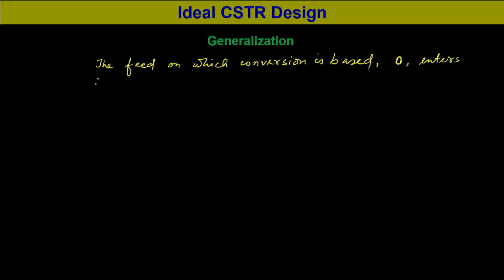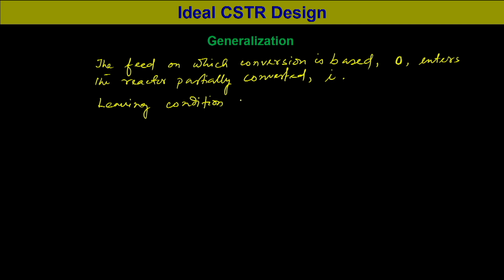If it enters the reactor partially converted, then we represent with I, and leaving conditions of the reactor is represented by F. So, entering conditions, if it is partially converted, which was represented with 0 earlier, is represented by I, and the leaving conditions of the reactor, which is the final, is represented with F.